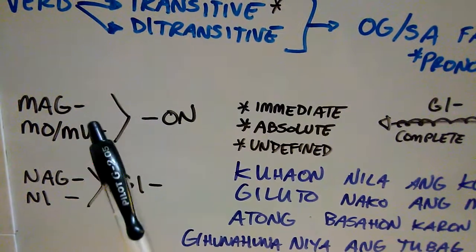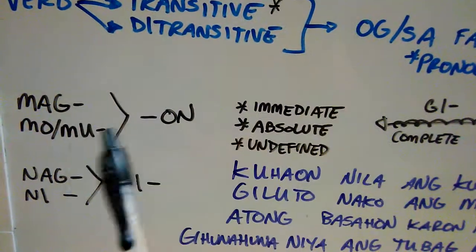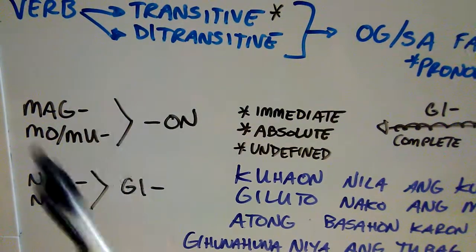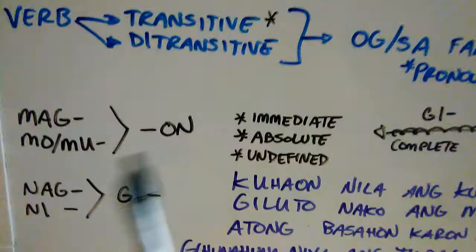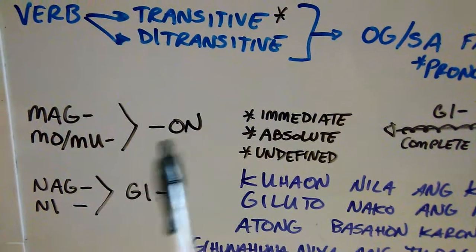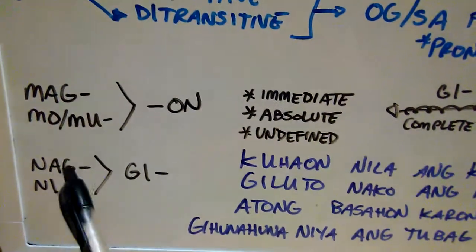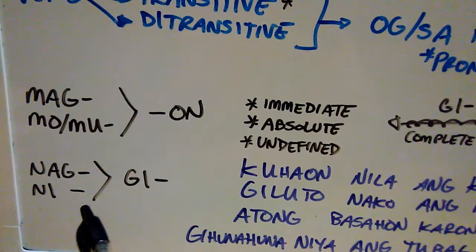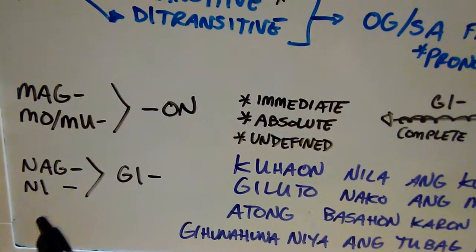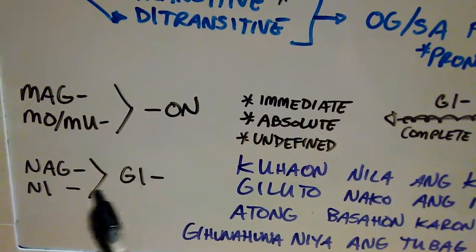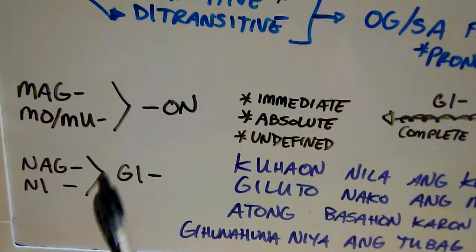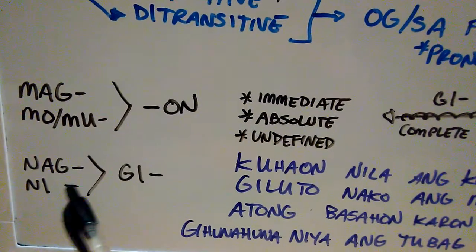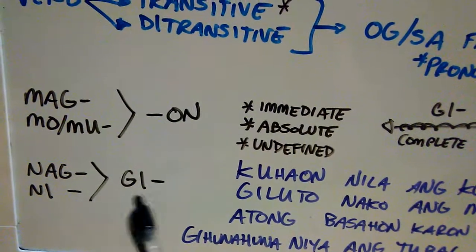Well, with the non-focus on objects, we can combine these and they both mean on. It's a lot easier in the non-focus. They just mean on. The same with nag and ni or me, right? They both represented different aspects of the past, but when we're talking about object and non-focus, for an object to be our focus, we can just combine both of them into gi.